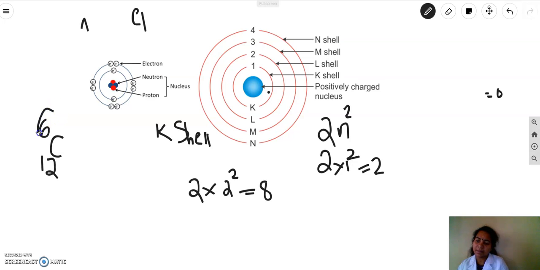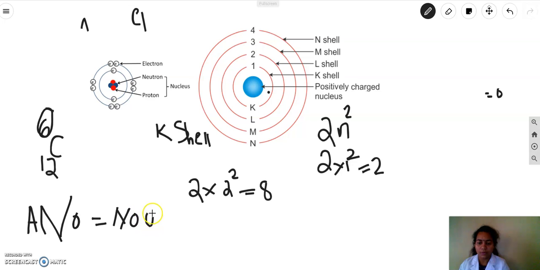Here the 6 represents the atomic number. Atomic number is either the number of protons or the number of electrons. That is the number of protons.